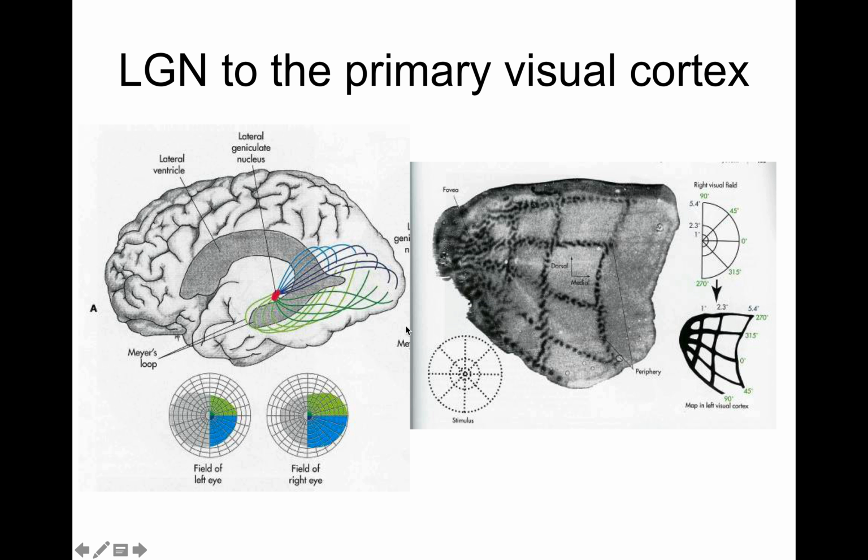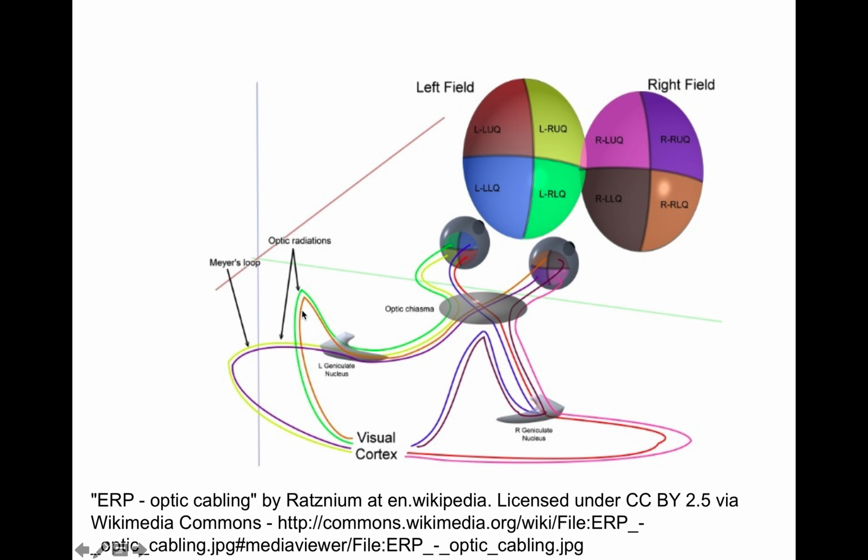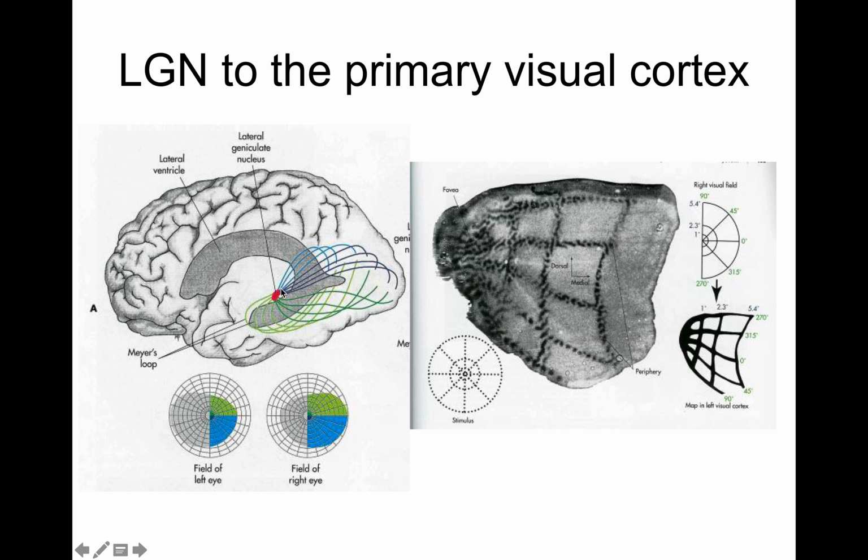The other thing that's kind of interesting is not only do you have this representation here, with a lot of representation of the fovea versus the periphery, but this anatomical representation of the inputs that go from the lateral geniculate nucleus, this map that's here, helps to correspond to different areas of each eye.